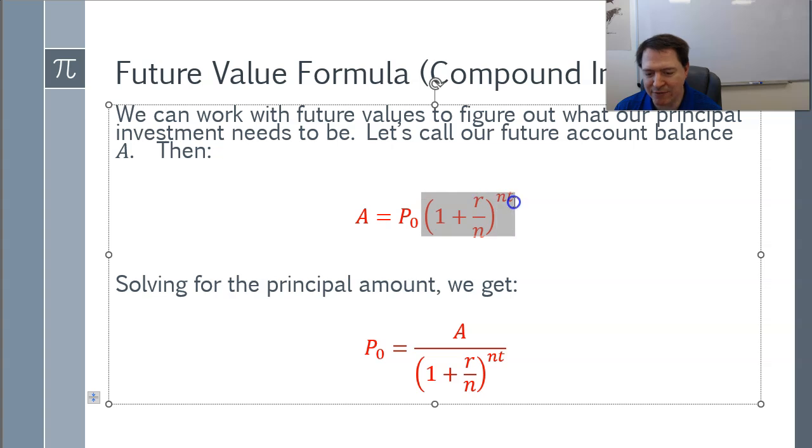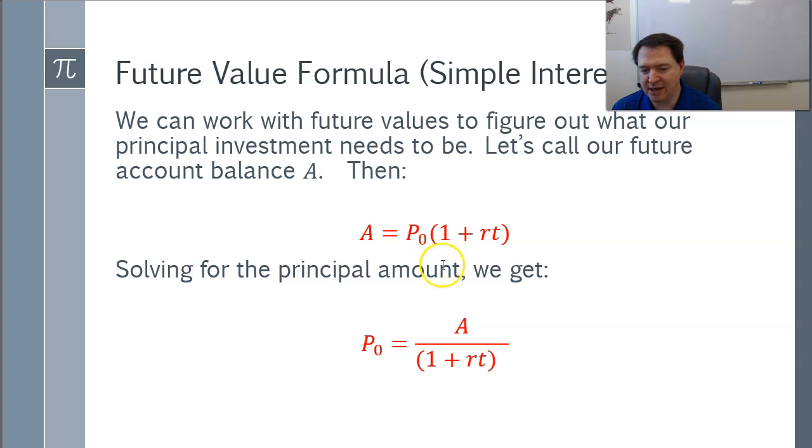What I did was divide both sides of this equation by this whole big chunk right here, which left me just the principal on one side, and on the other side it was A divided by this giant thing here. So that's our formula. Instead of plugging in our principal and finding out the future value, now we'll be plugging in our future value and finding out what the principal is. That's what we'd do if it were compound interest.